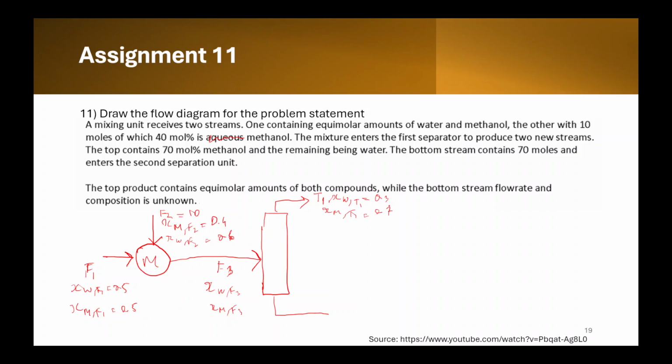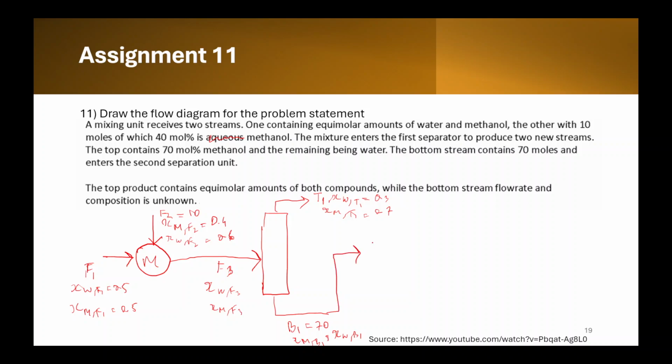Okay. Now the bottom stream contains 70 moles. So this B1 is 70, and there is no further information about the composition. So XM,B1 and XW,B1. Okay.